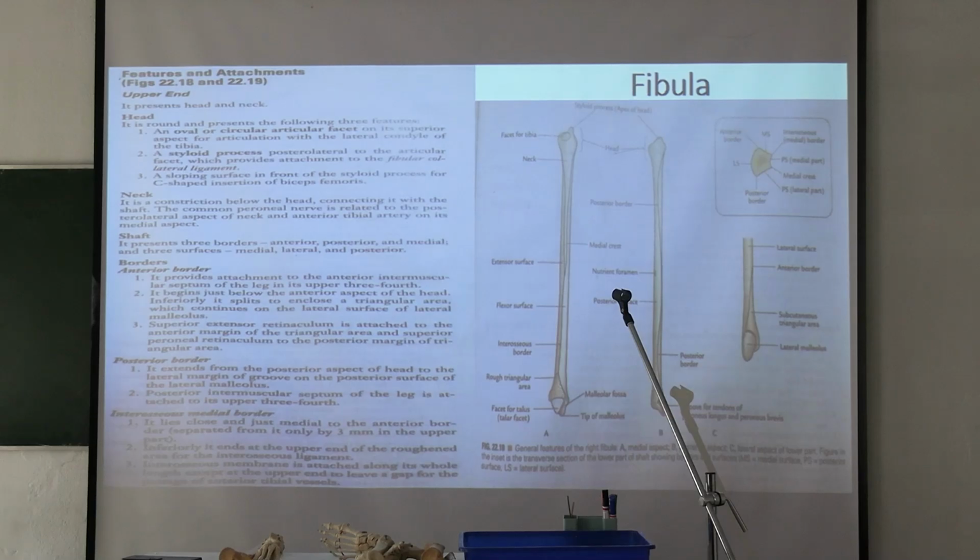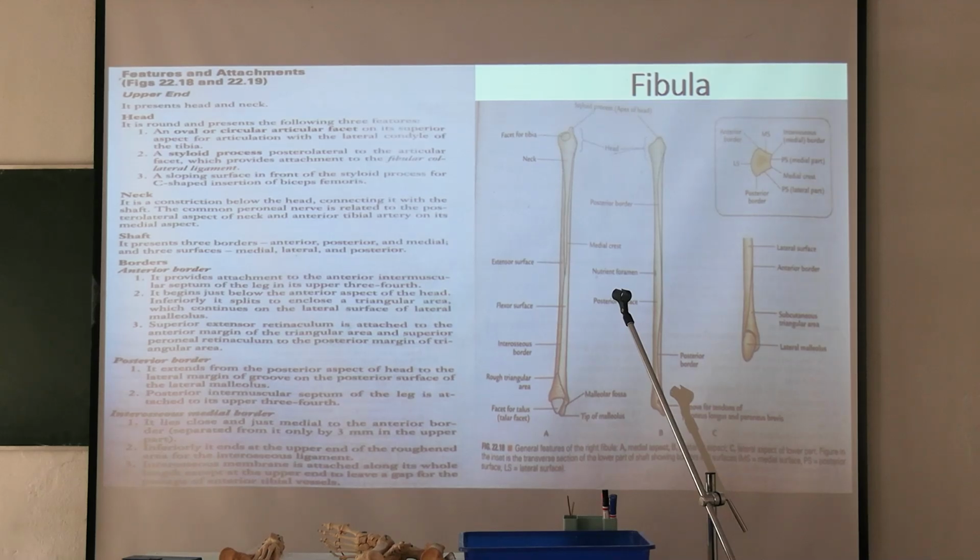Sometimes you confuse this crest with the interosseous border. This crest divides the posterior surface into a medial part and a lateral part. There are different muscle attachments in these medial and lateral parts, which is why it is important. The interosseous and anterior borders are very near to each other, at some places only 3 millimeters apart.